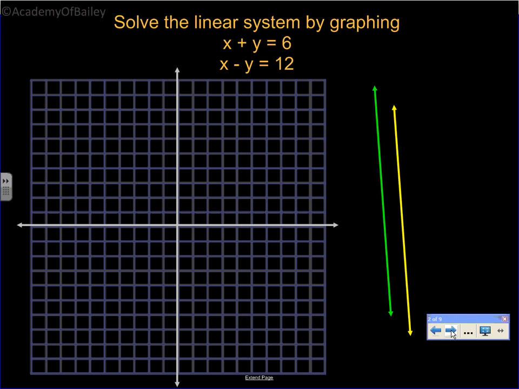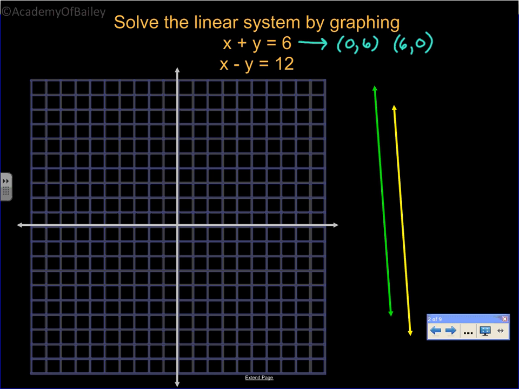The directions say solve the linear system by graphing. And you have two equations, and you know that if you graph both of those equations, the intersection point of both of those lines will be the solution. So let's look at the top equation. We know in the top equation, if we let x equals 0, y will be 6, because 0 plus 6 is 6. And if we let y equals 0, x will be 6.